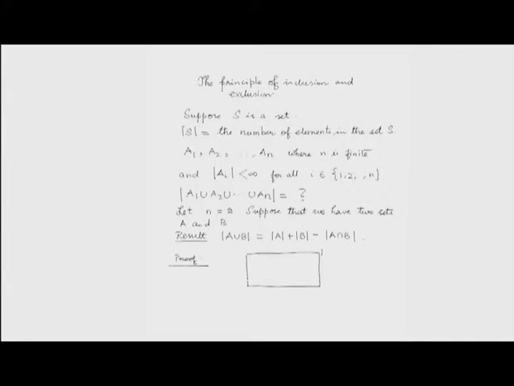So, suppose this is my universal set U, and inside this universal set we have two sets A and B. Now, in general we do not have reasons to expect that A and B are disjoint.